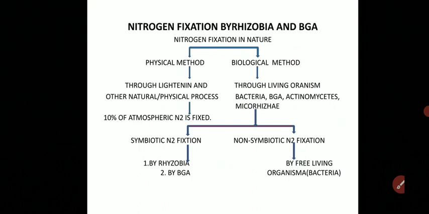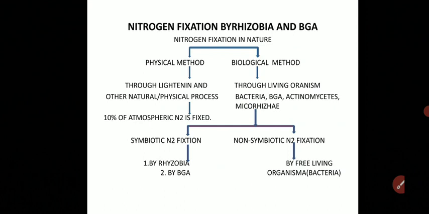Nitrogen is very difficult to fix as it requires 225 kilocalories of energy to break the triple bond, and it is next to impossible to fix it into the soil and make it available to plants. But the bacteria have made it possible through their microbial activities.